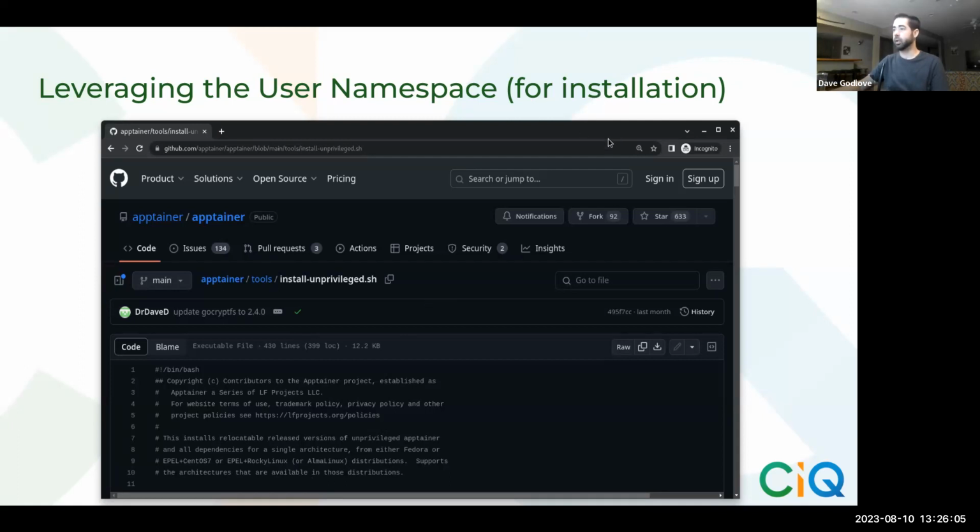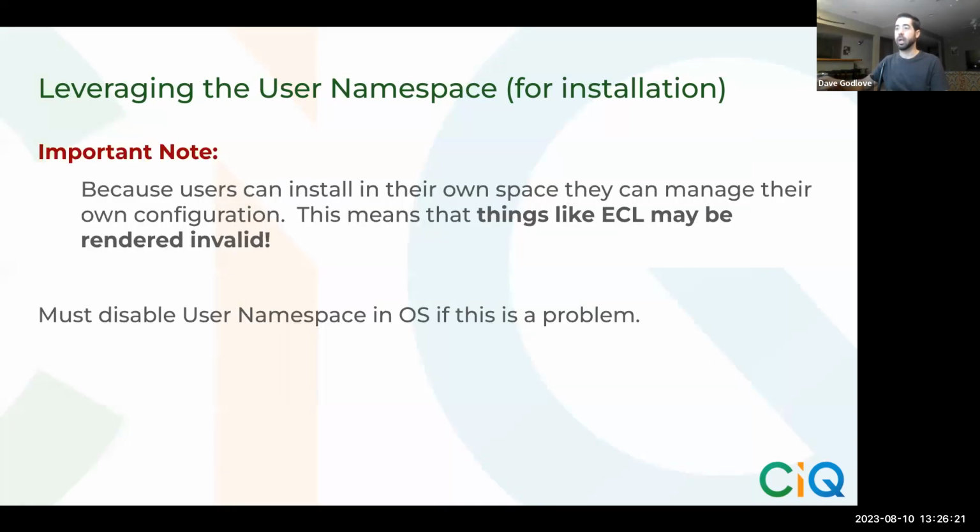It's important as an administrator to realize that if you have the user namespace enabled on your system, your users now have the ability to install their own versions of Apptainer.